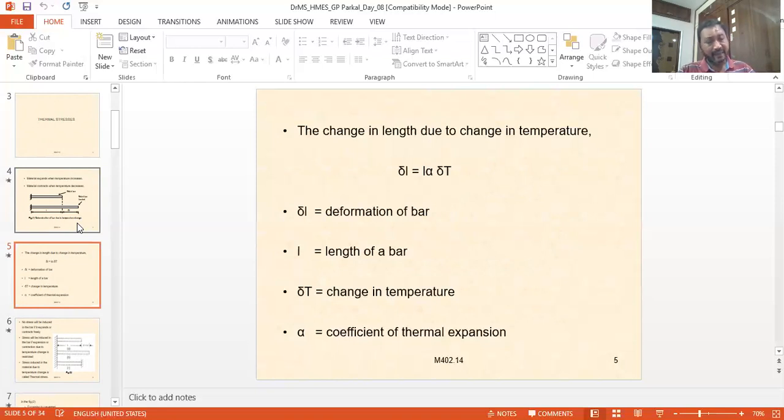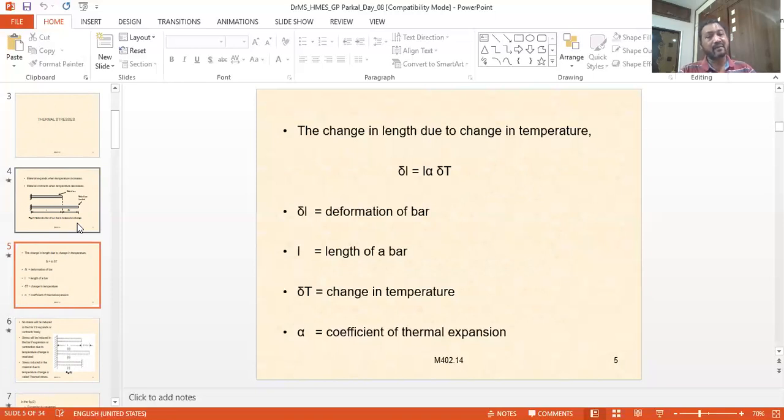In the other case, when the body is subjected to cooling, or a decrease in temperature, the final temperature is lower than the initial temperature, and the difference of the final temperature and initial temperature will be negative.